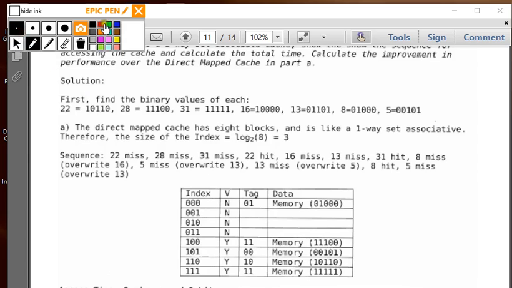So if we have 9 misses and 3 hits in our cache access, every time the first thing we have to do is go to the cache, right? And if we miss, then we have to go to memory. So memory access time is 20 nanoseconds.